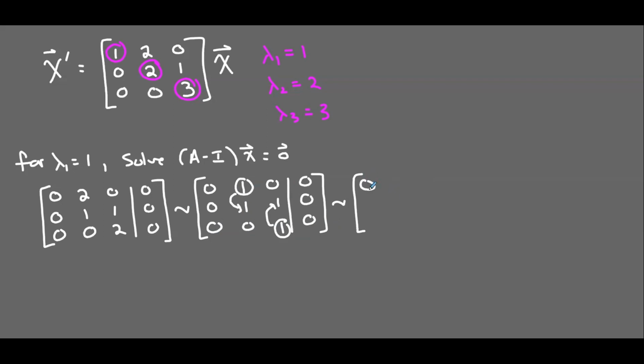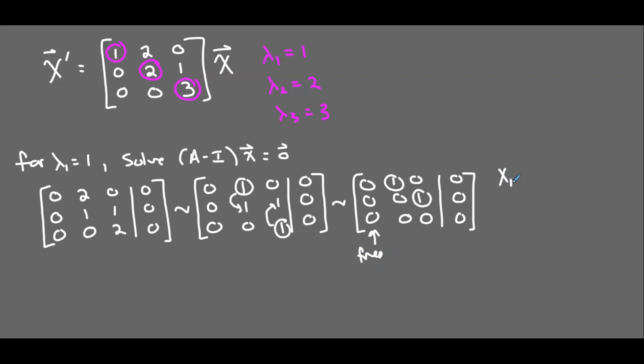All right, so I'll get something like this. 0 1 0, 0 0 1, and the last row is all zeros. So I've got 2 leading 1s here, and the first column does not have a leading 1. That means that's my free variable.